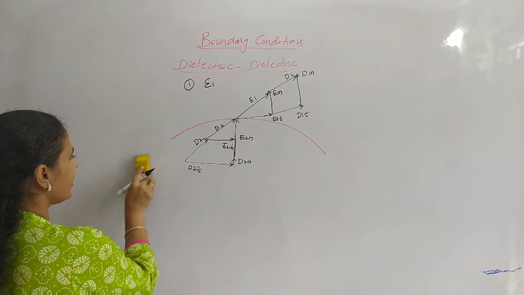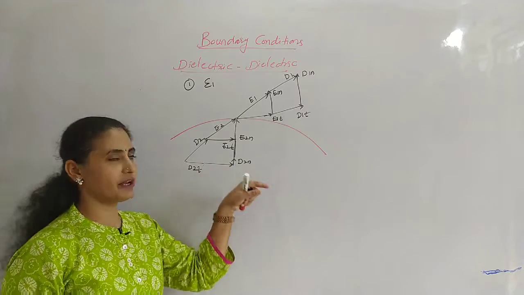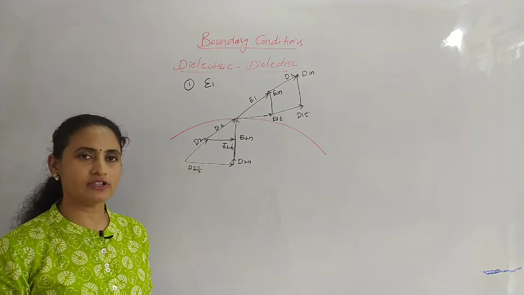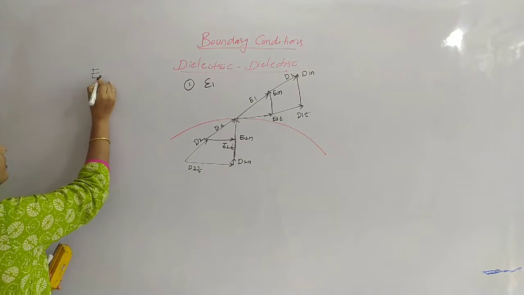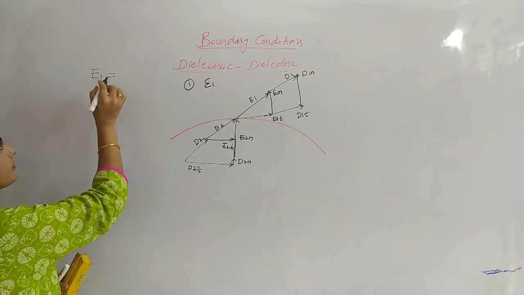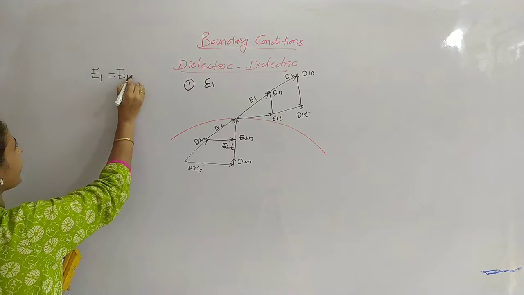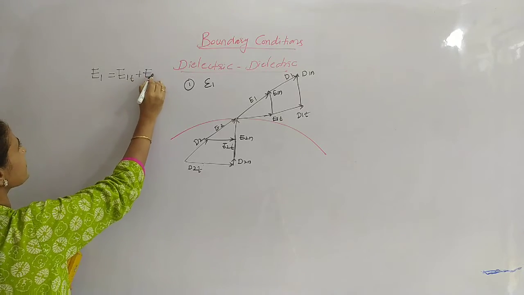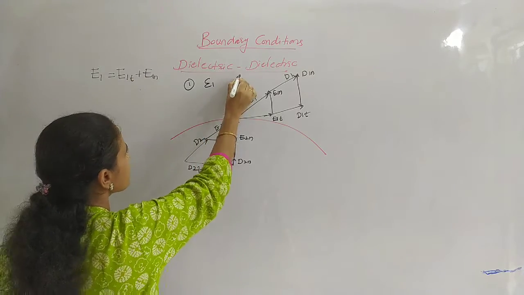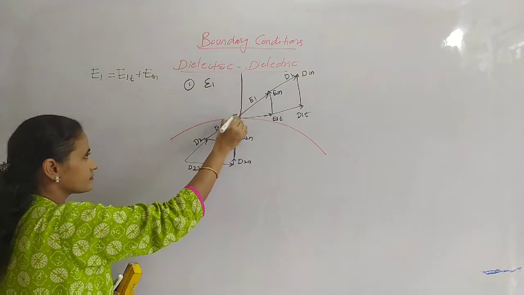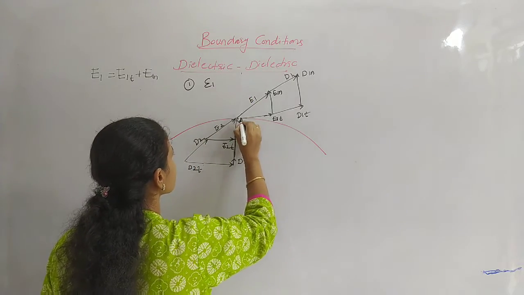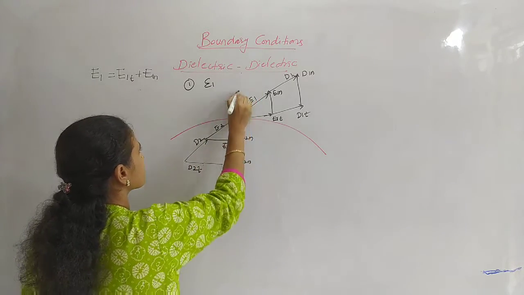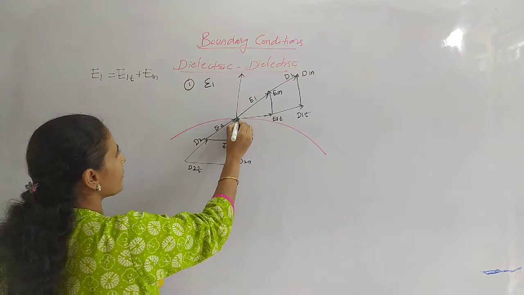We know that the electric field in both the mediums can be resolved into tangential and normal components. The E1, the electric field in the first medium, can be resolved into the tangential component plus the normal component. This is normal to the boundary line.